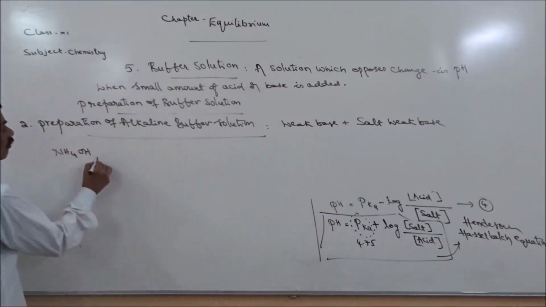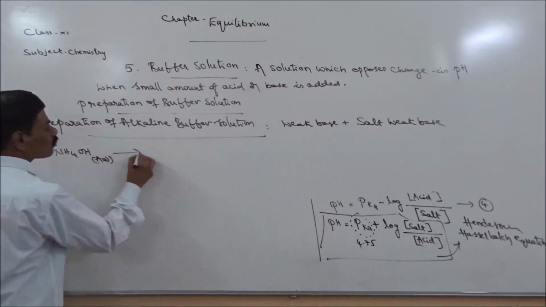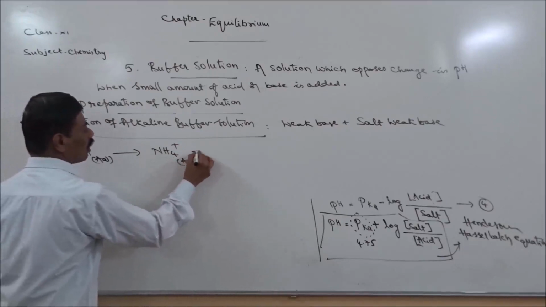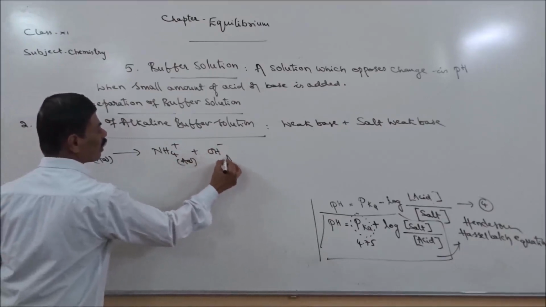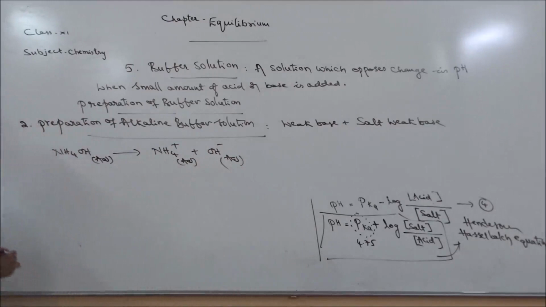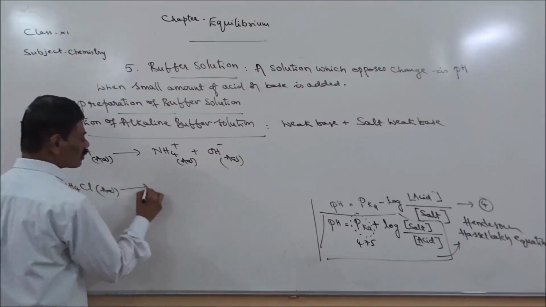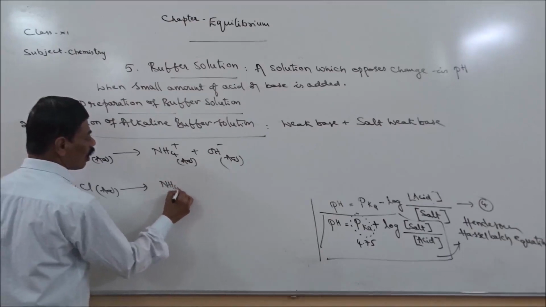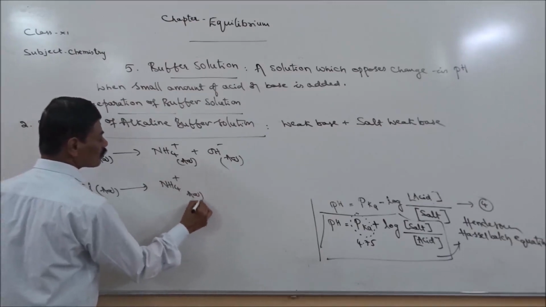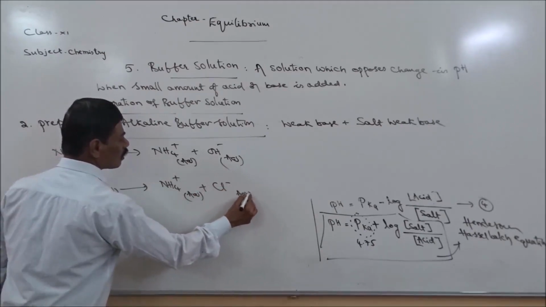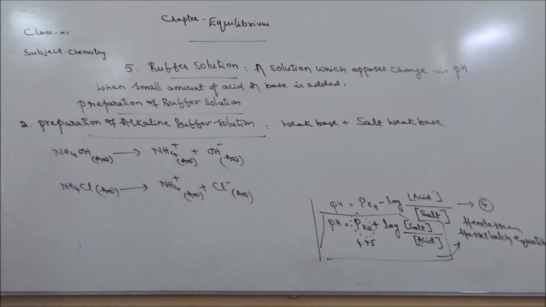Right. In aqueous form, it undergoes ionization to form ammonium cation and hydroxyl anion. Now, if we take its salt, that is ammonium chloride in aqueous form, it undergoes ionization to form ammonium cation and chloride anion. Right.